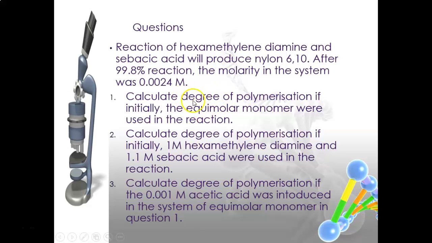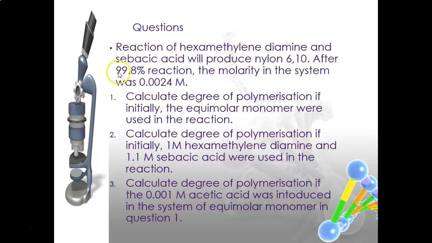Okay, first question, you need to calculate the degree of polymerization, which is the DP. The given information gives the 99.8% reaction. What is it? So 99.8% is the conversion. So you just substitute using the formula Xn equals 1 over 1 minus p.